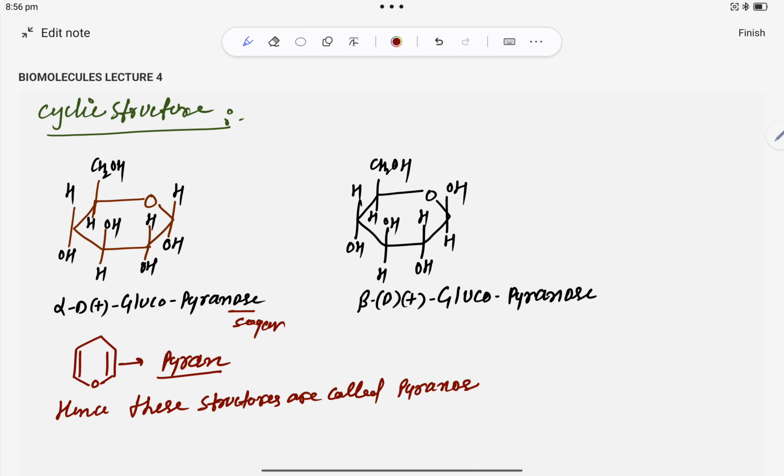Pyran because of this species, and ose, that is sugar. And also they are glucose derivatives.